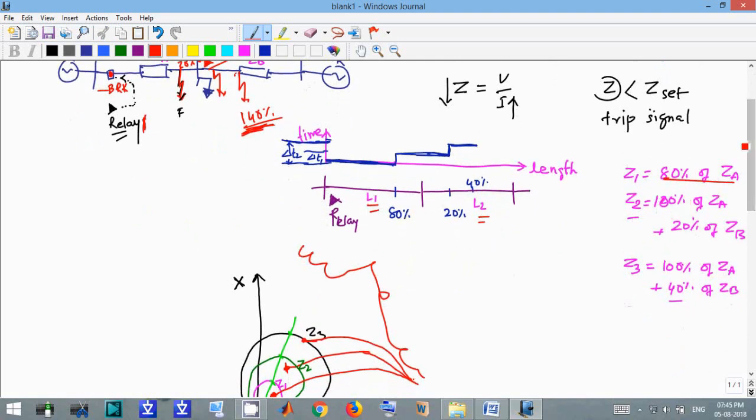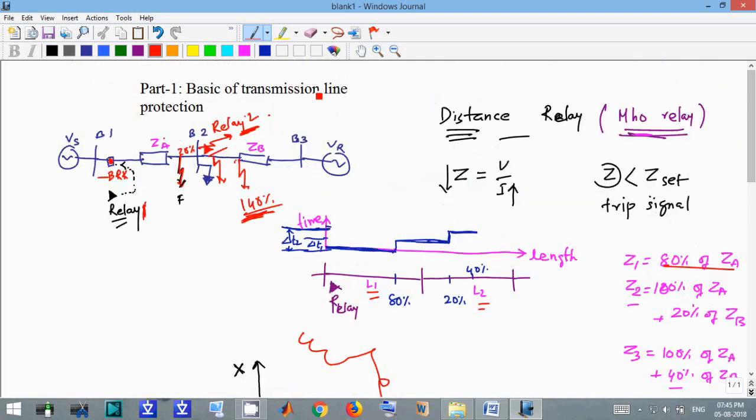So these are the basics of transmission line protection. But we have 10 types of faults. The types are line to ground fault, double line to ground fault, line to line fault, and three phase fault.